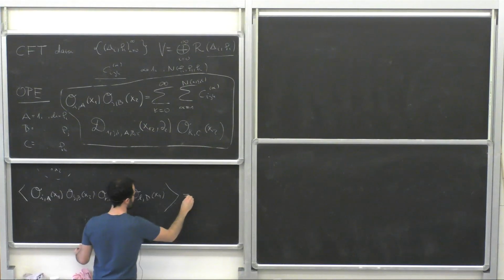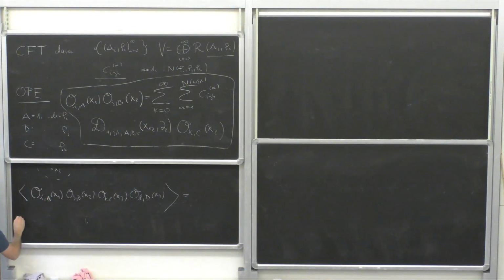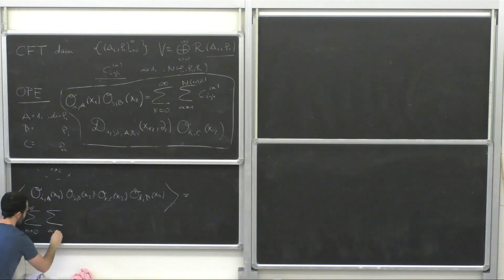Then using the OPE, we would arrive at a sum over M and a sum over these structures alpha.